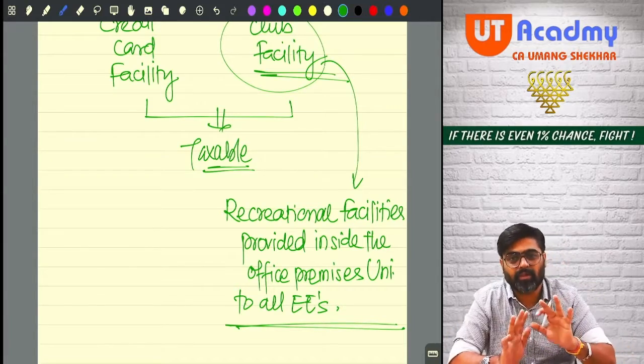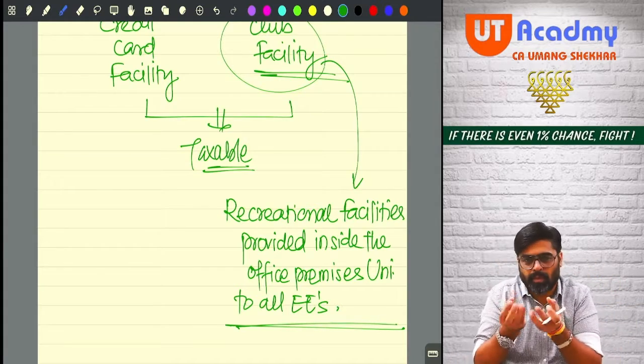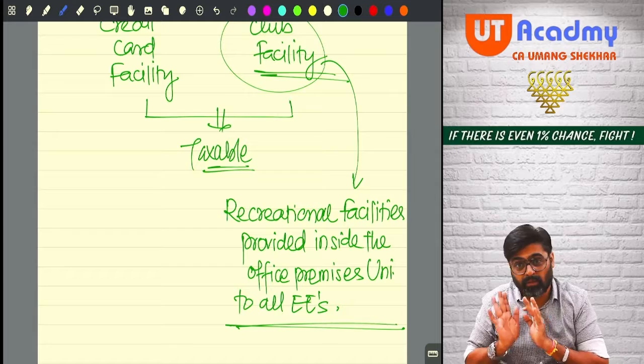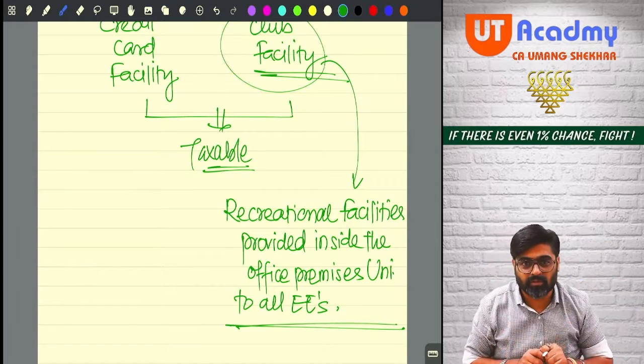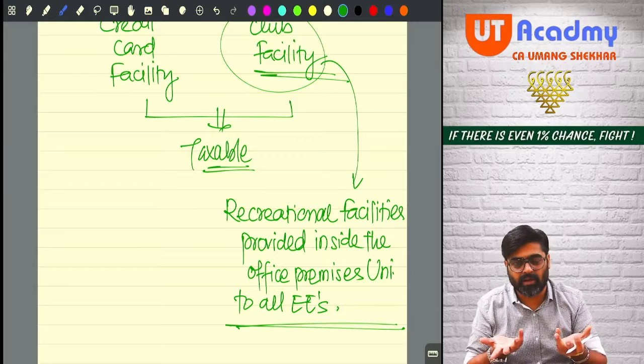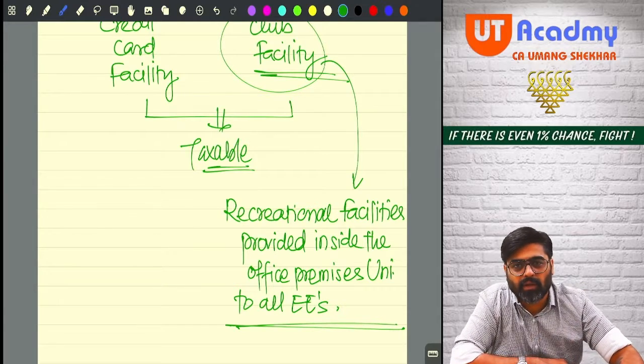By doing this, he will be relieved from some work stress and he'll be able to work properly. And he will do some networking also with other employees, which is very much required, because looking at his life, he is not enjoying his life at all.